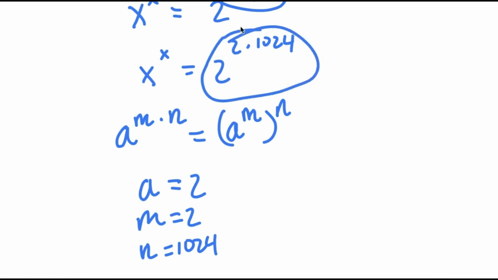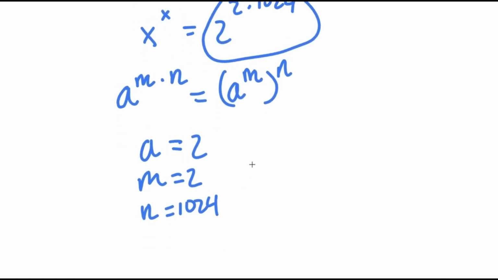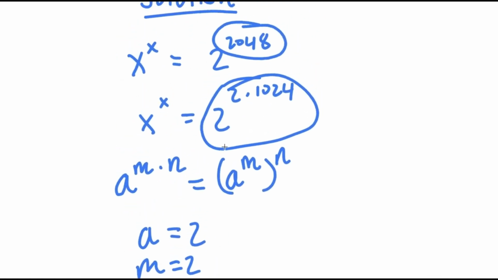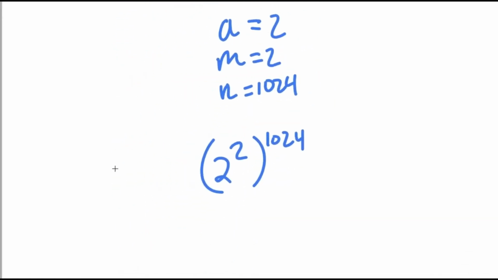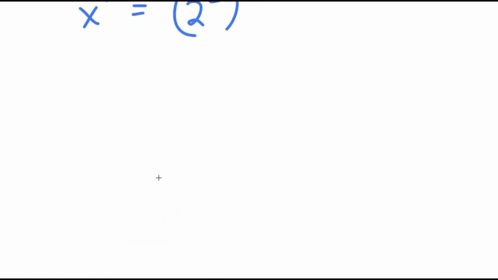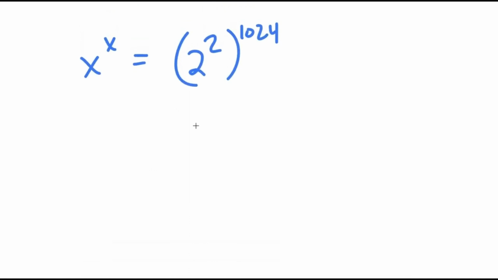So if I rewrite this in this form, I get 2^2 to the power of 1024. And remember, this is equal to x^x. Now, 2^2 is equal to 4. So I have x^x is equal to 4^1024.